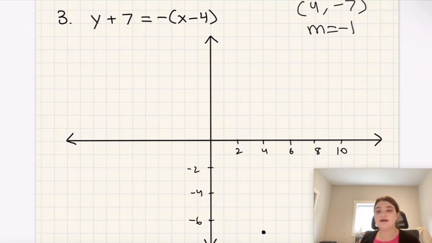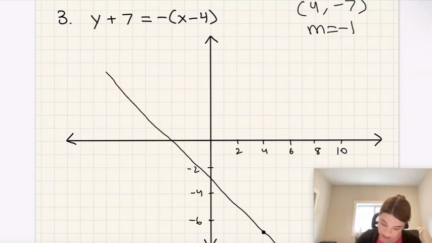So that means we're going down 1 and over 1 each time. So our next point would be here. We go down 1, over 1. And then I'm just going to draw a nice line. Like that. And there we go.